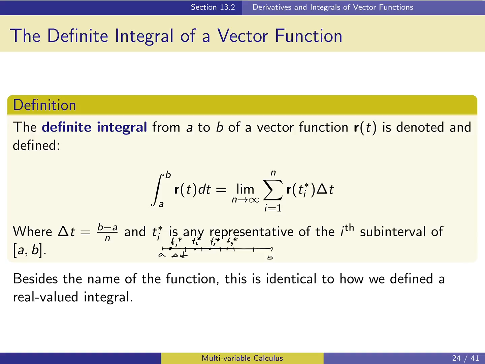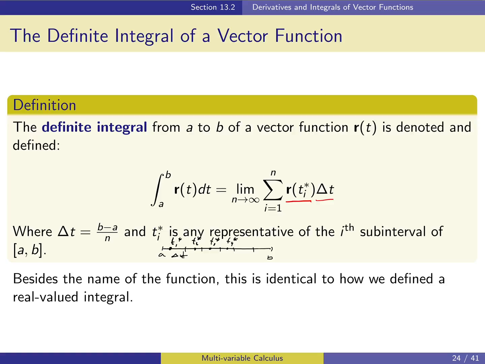We then evaluate r at each of those points, and so that evaluation goes here. We multiply the value of the function times delta t, just like we do for single variable functions, and then we add up all of those vectors. This gives us an approximation of the integral.